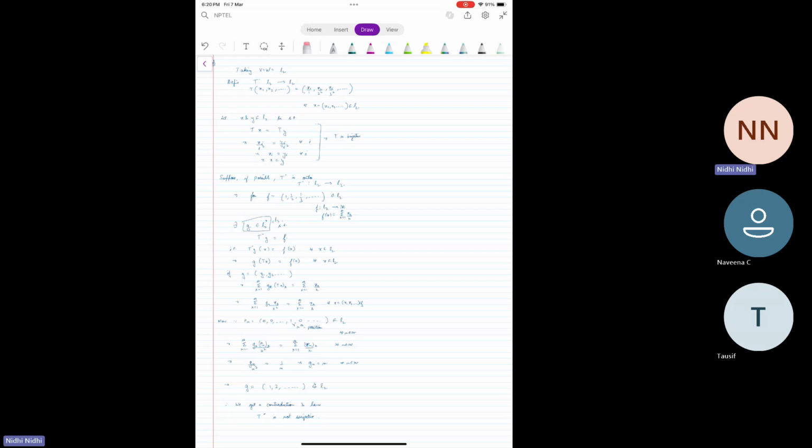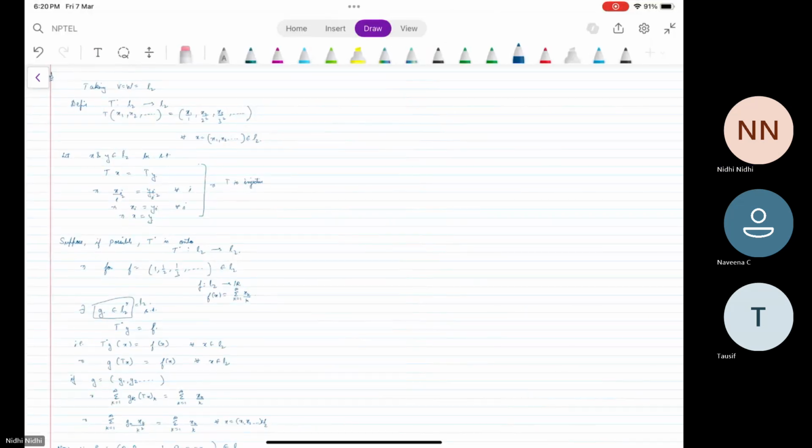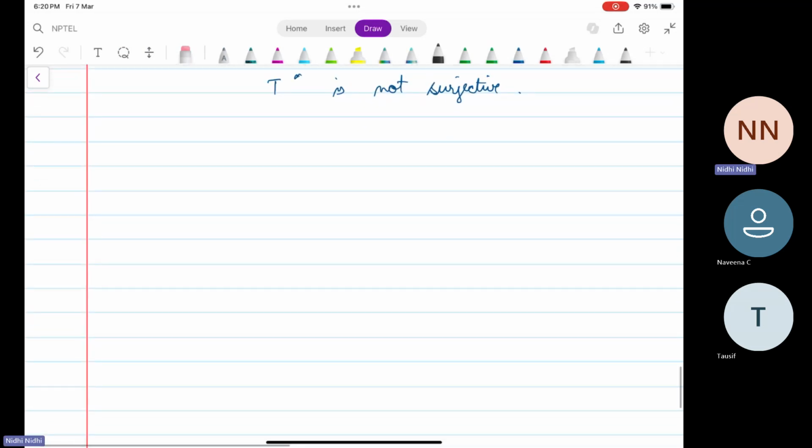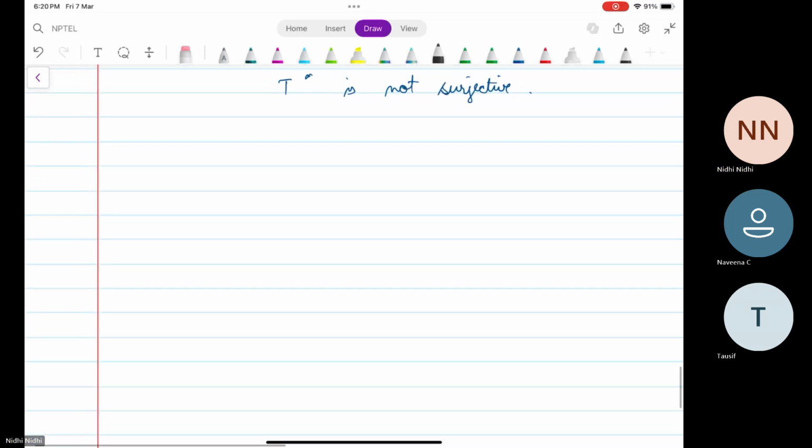Okay, let's move to next question. Number 2. Let V and W be two Banach spaces.